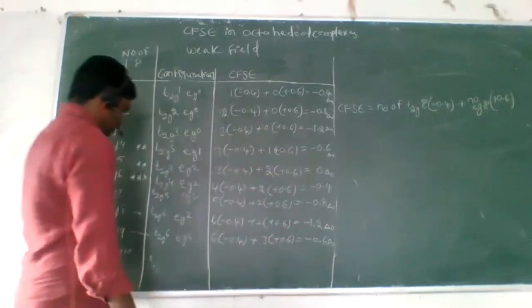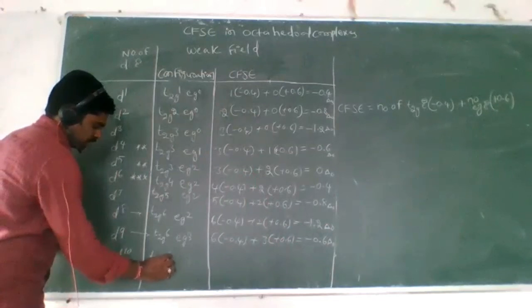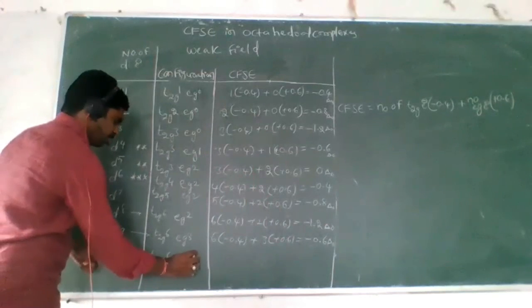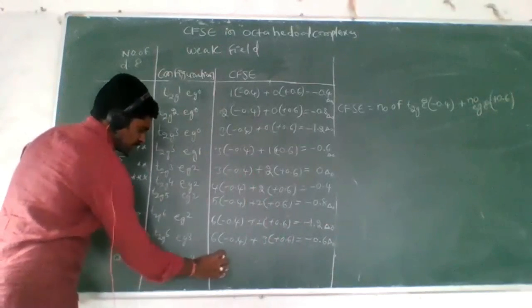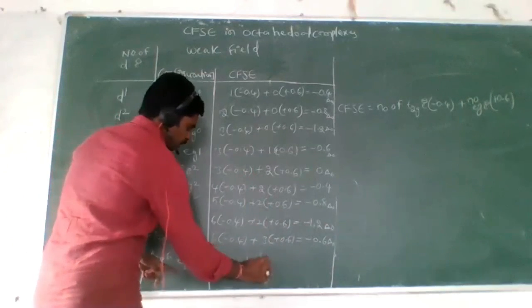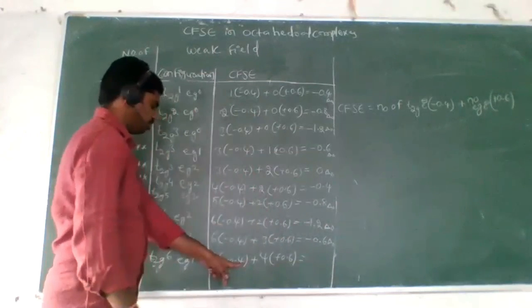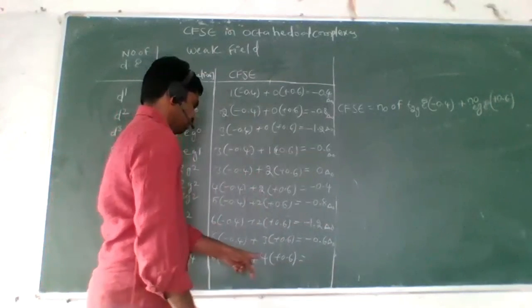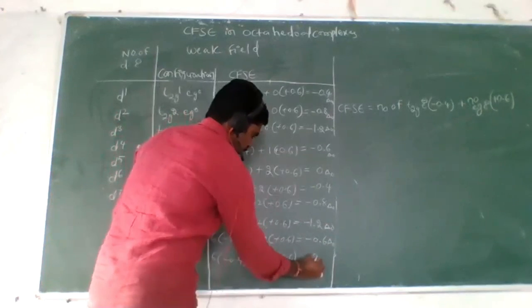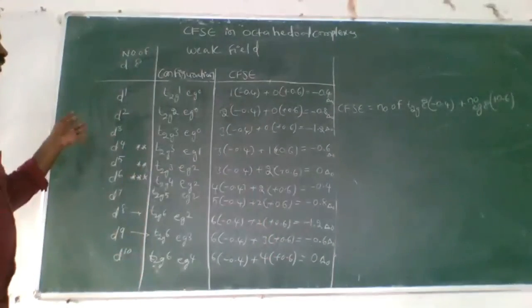Very good. Next one, d10. t2g6, eg4. 6 into minus 0.4 and 4 into plus 0.6. 6 fours are 24, 4 sixes are 24. So 0 delta naught.